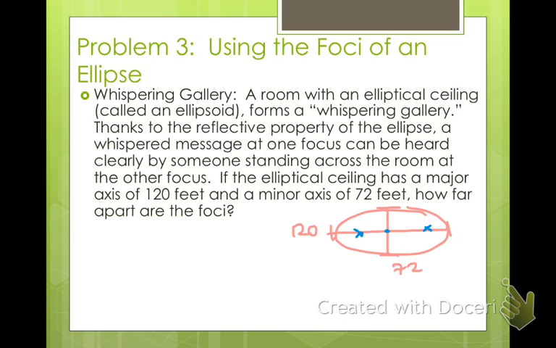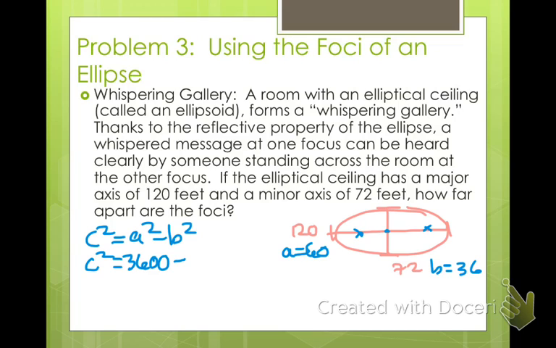If we know what the center is, can we find what a is? Well, a is half of our major axis, so half of 120 is 60. And b is our minor axis, and half of 72 is 36. So we can find what our focal distance is. c squared equals a squared minus b squared. 60 squared: 6 times 6 is 36, slap a couple zeros on, 3600.